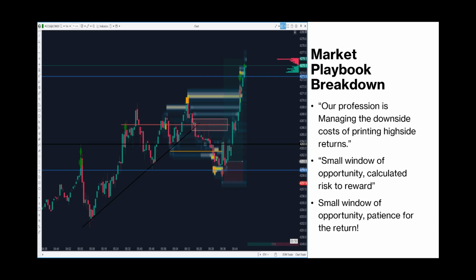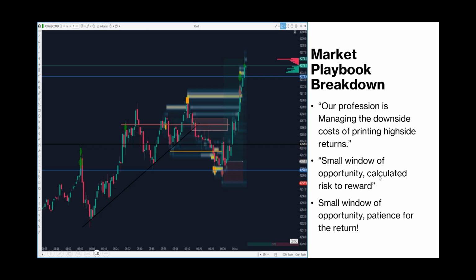I always look at trading as we're here to capitalize on a small window of opportunity. Everybody knows opportunities are widespread and few in between. In the market there's obviously an unlimited amount of potential and upside gain, but the true winners, and what we try to focus on here at Black House Management, is the small window of opportunity, calculated risk to reward.